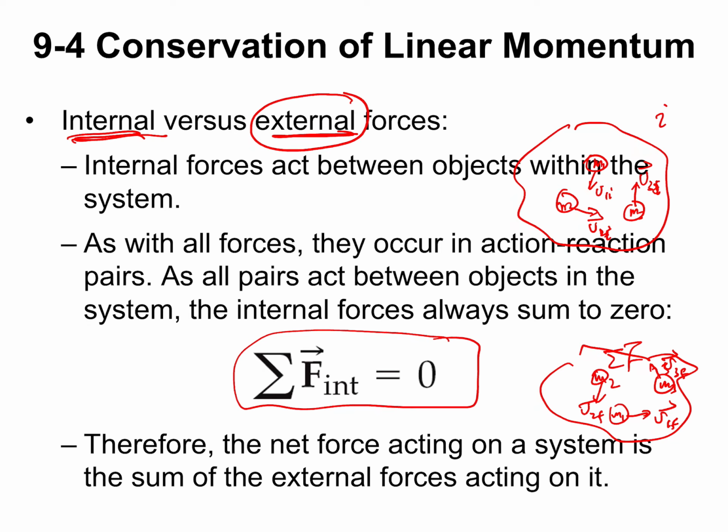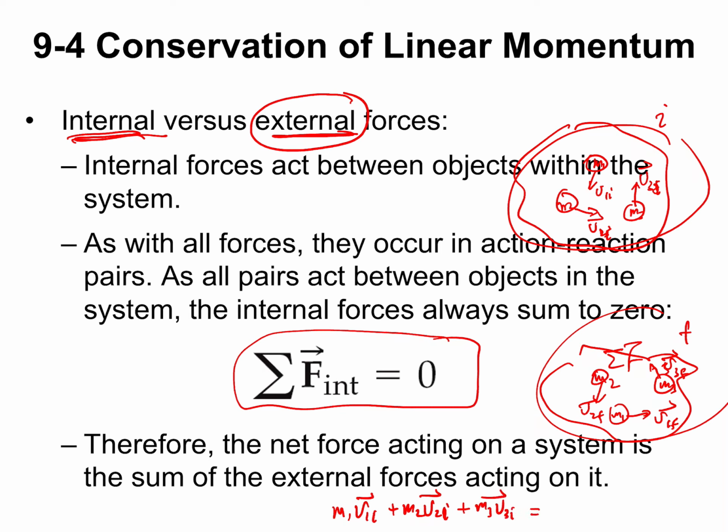If the net force from outside is 0, the total momentum initially equals the total momentum finally: M1 V1I plus M2 V2I plus M3 V3I equals M1 V1F plus M2 V2F plus M3 V3F.